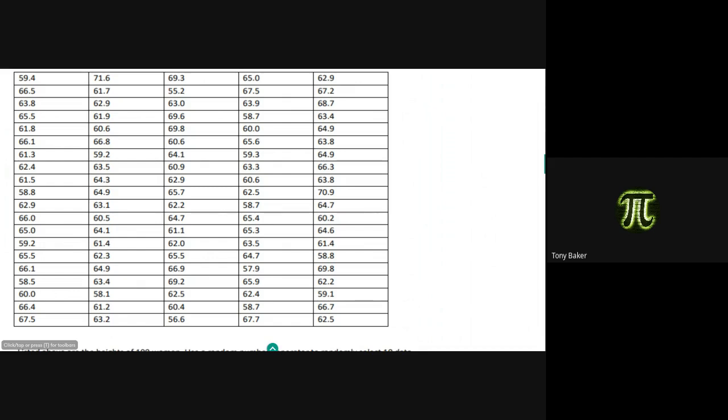Okay, so I want six classes. Find my class rate.